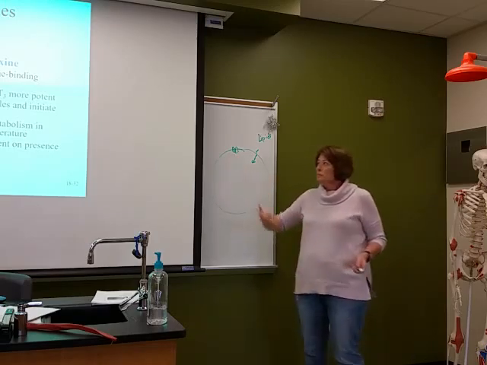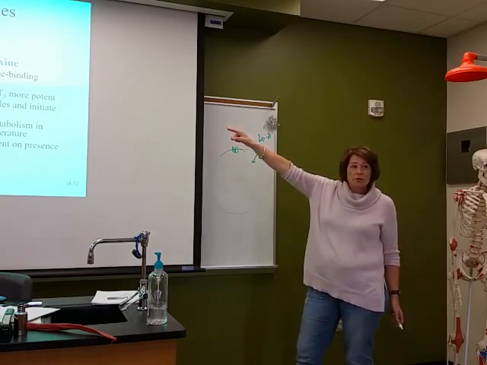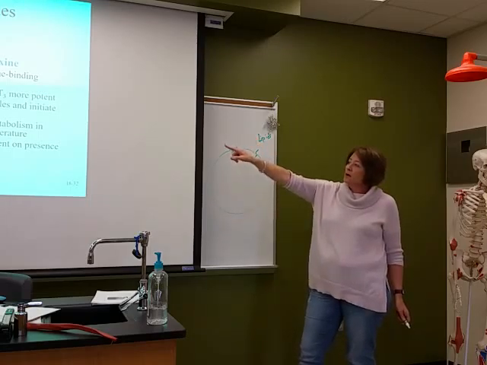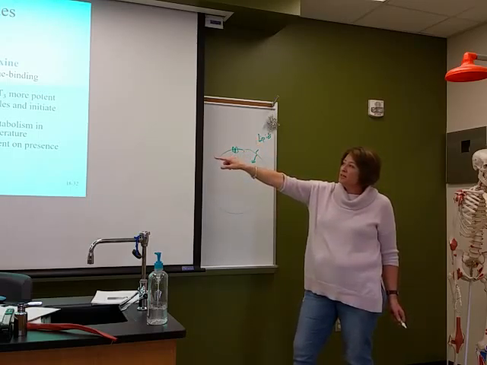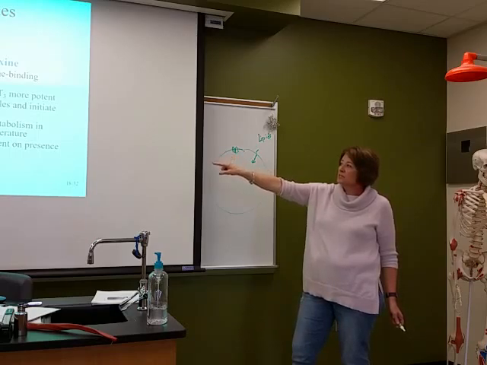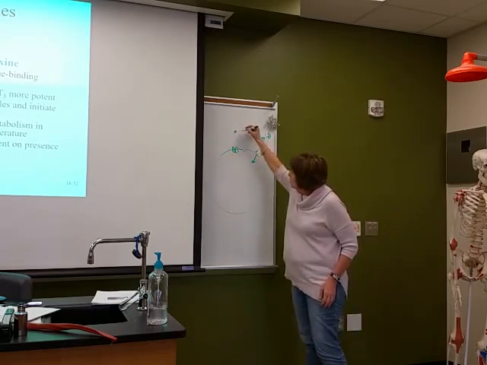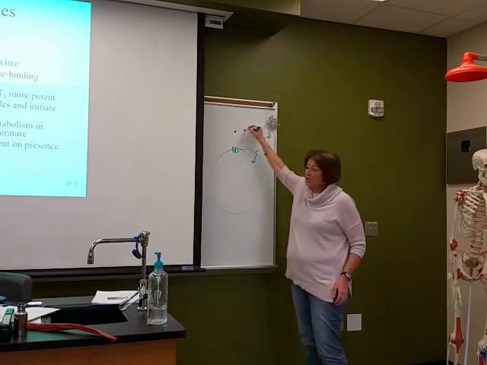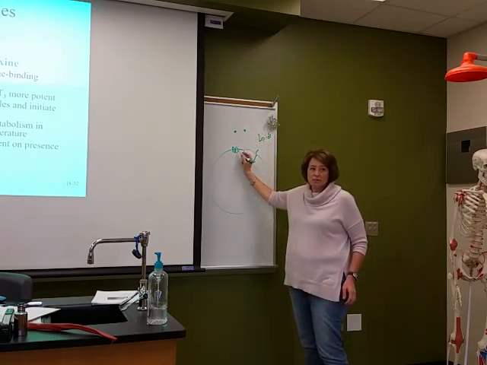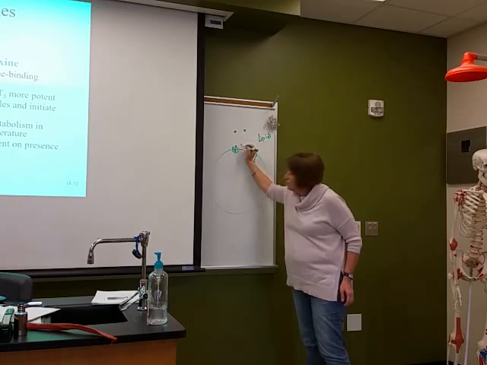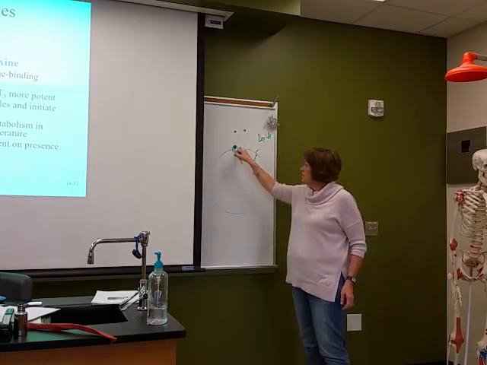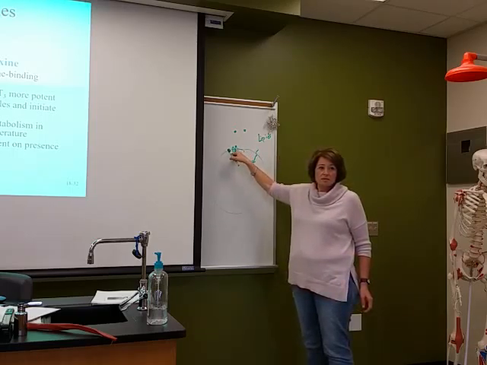So, the thyroid hormone binds with intracellular receptor molecules. So if my little thyroid hormone is out here, and this is a receptor for that thyroid hormone, it will accept the thyroid hormone.